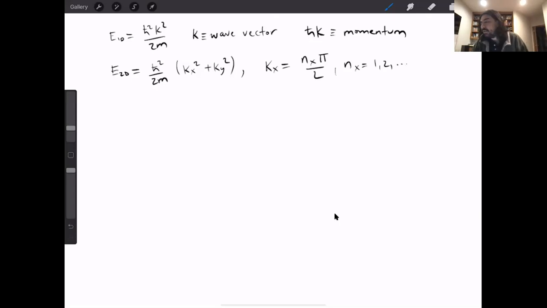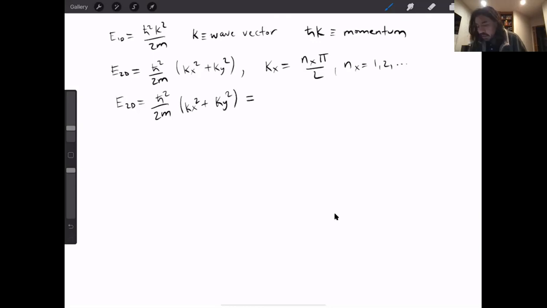And you would have the 2 there. And therefore, the energy in 2 dimensions is this h bar squared over 2m times kx squared plus ky squared, which is the same.